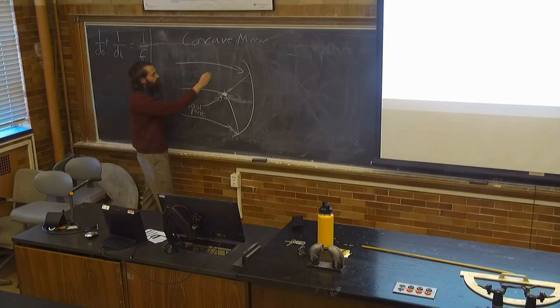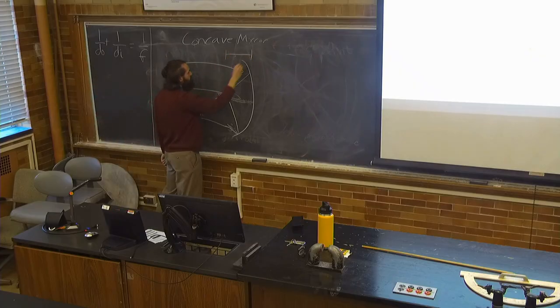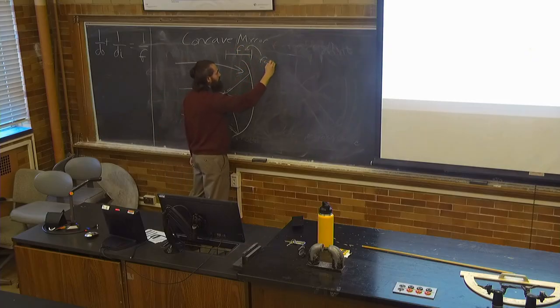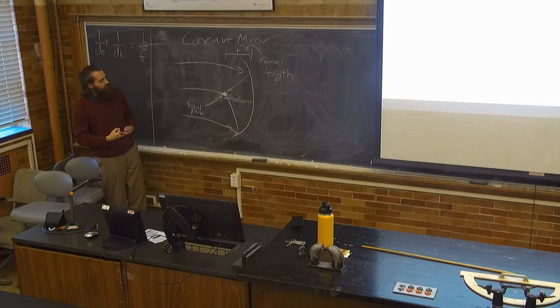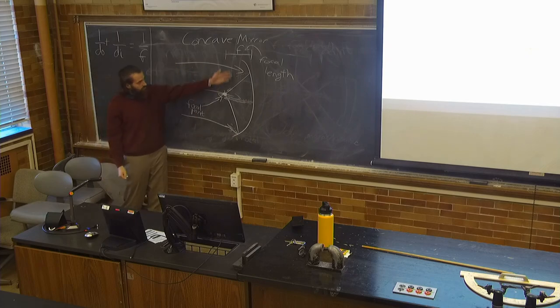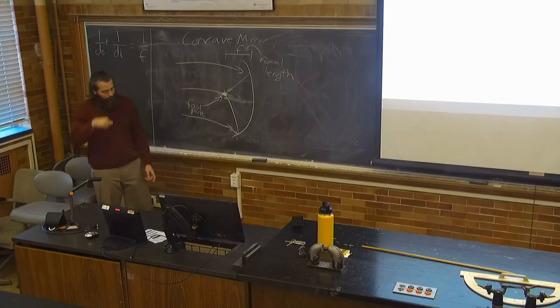And then the distance from the mirror to the focal point is the focal length, f. So if you have curved mirrors, then you'll have focal points and focal lengths.